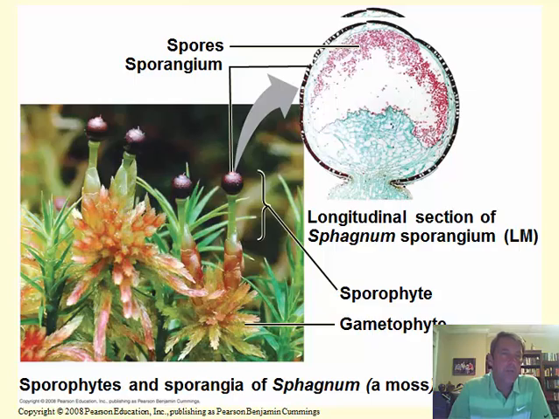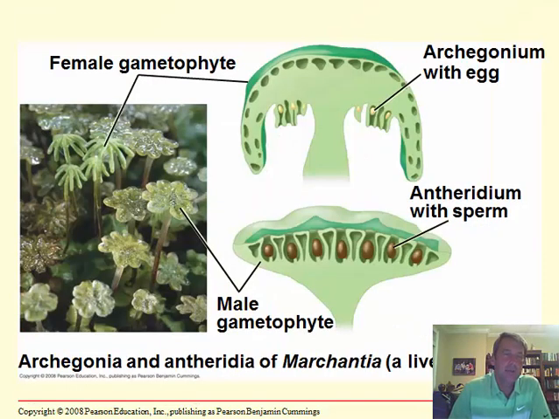Another characteristic of plants is the male and female structures that the plant has. Gametangia is the name of these structures, and in these gametangia, there are the female structures that produce eggs.